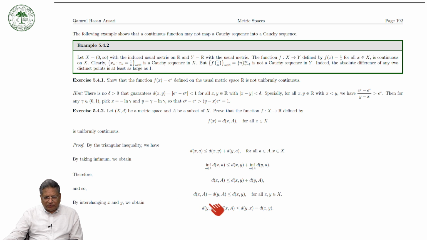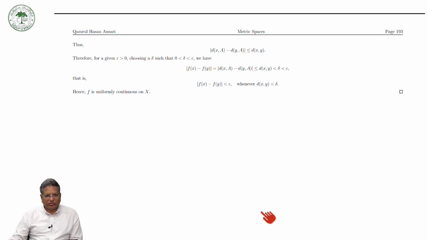Then you can take this to the other side, and now by interchanging the roles of x and y, you will see that this is also good. That is to say, the modulus of this is less than or equal to d(x, y). So for every given epsilon, choose a delta less than or equal to epsilon such that d(x, y) is less than delta, which is less than epsilon.